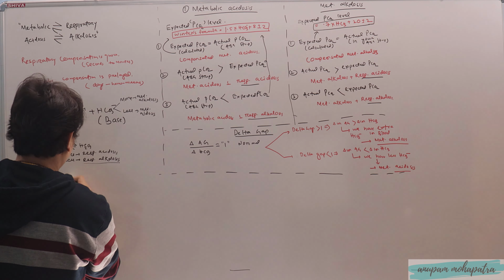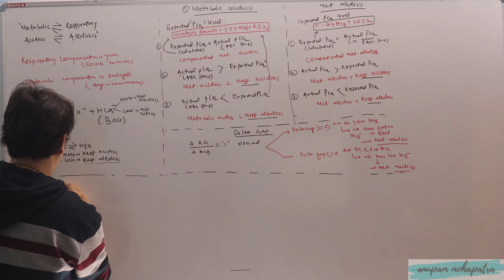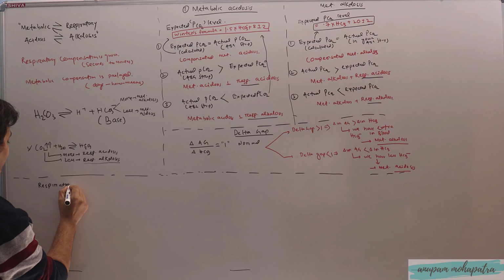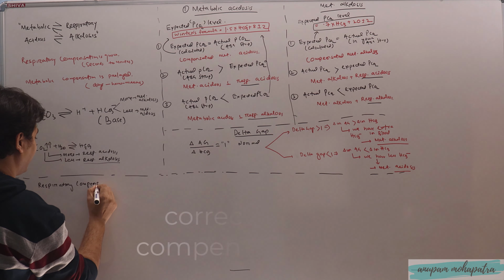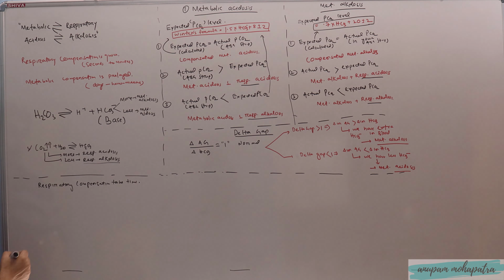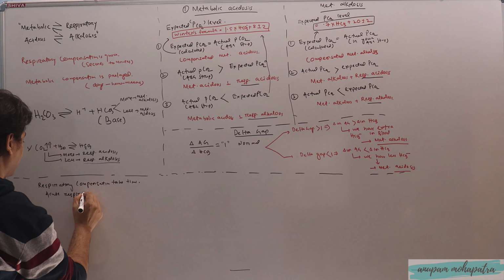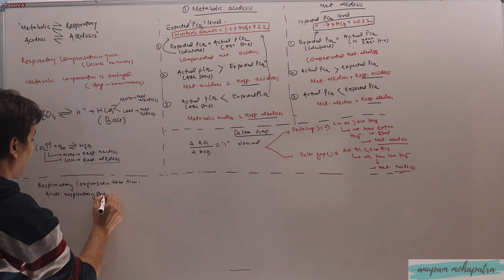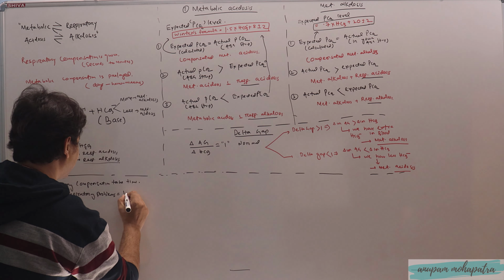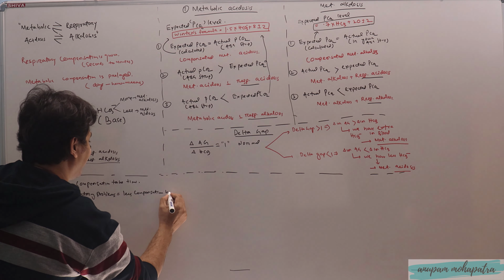Here also there are two concepts to remember, because respiratory compensation takes time. So for acute respiratory problems, because it takes time, there will be less compensation by the kidney.